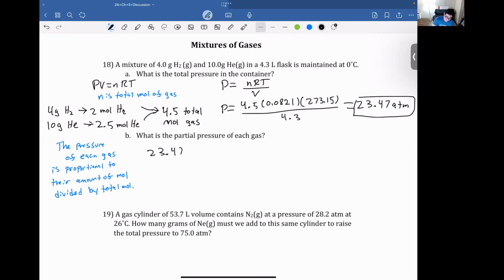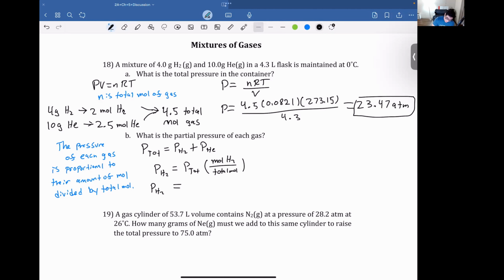So 23.47 is our total pressure, right? We can even say it like this. P total is equal to the pressure of hydrogen plus the pressure of helium. The pressure of hydrogen is equal to the total pressure times the moles of H2 over the total moles. Then all we do is plug in.